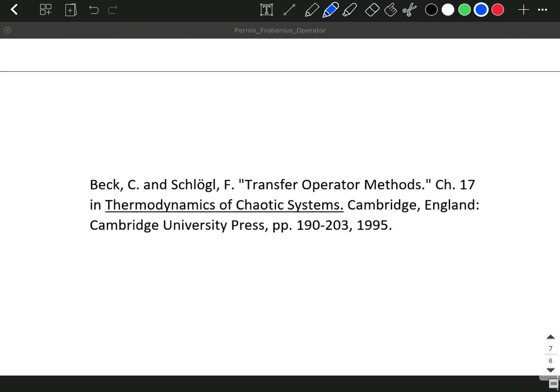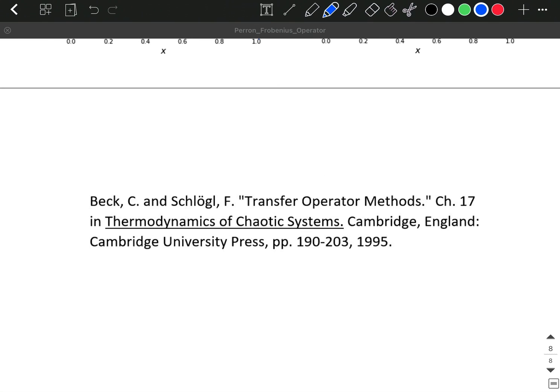In the resource listed here, there is a further discussion of this operator, and many of the materials today were utilized from this resource. Something interesting about the Perron-Frobenius operator is that there's a generalization of it, called the transfer operator for a given inverse temperature.